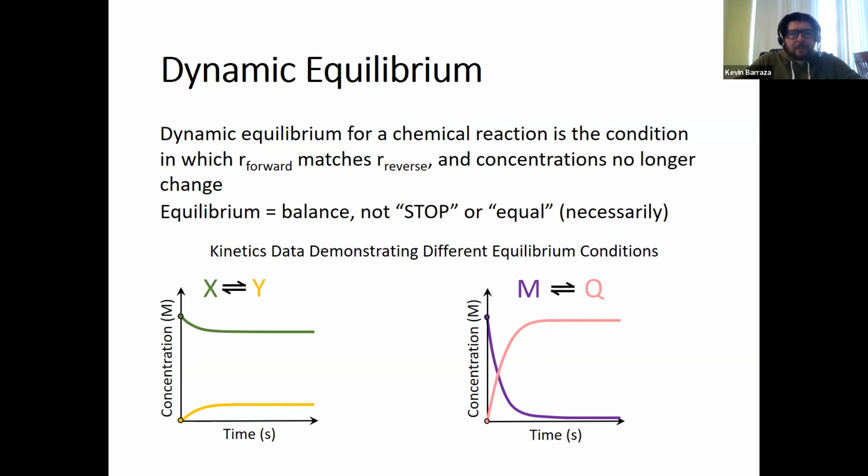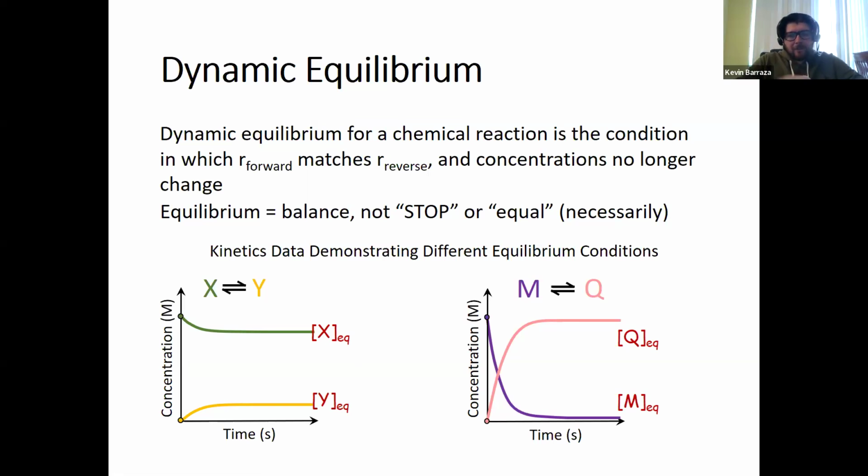And then I see a question in the chat. I'll come back to that question in just a second. So first of all, we take a look at our two graphs. X reversibly goes to Y, and M reversibly goes to Q. And we see the equilibrium amounts at the end. We see where we plateau.